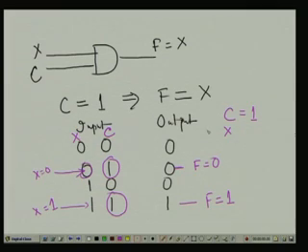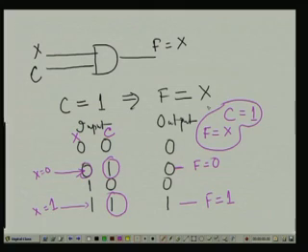That means f equal to x. This is called the gated output. That means I am controlling which one I will pass. When c is 1, whatever value I give to x will pass.